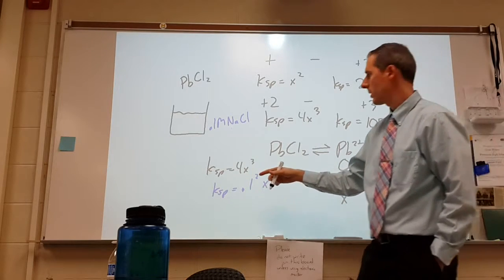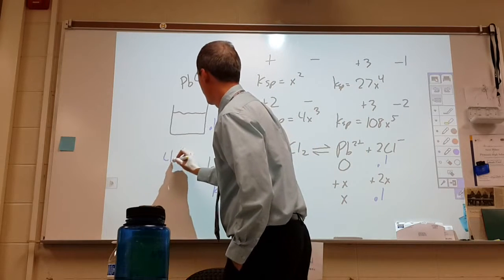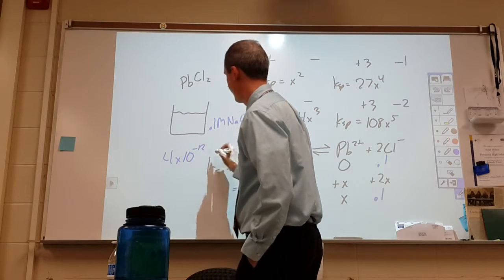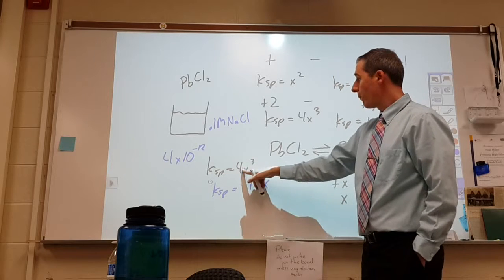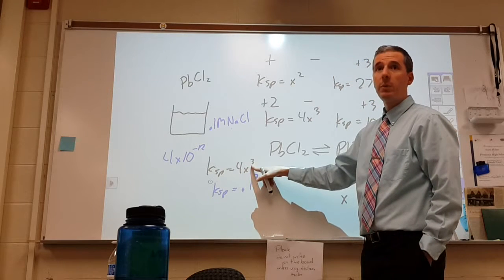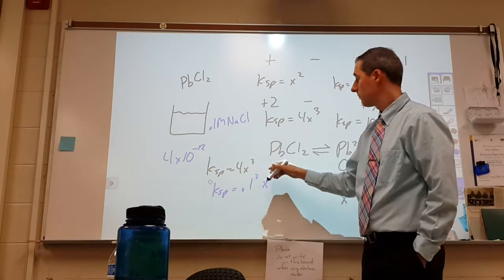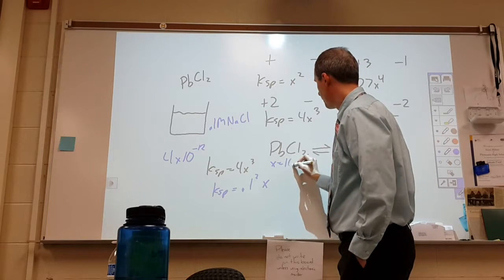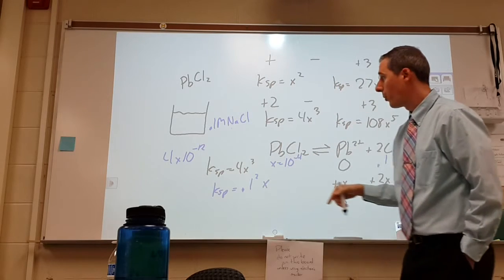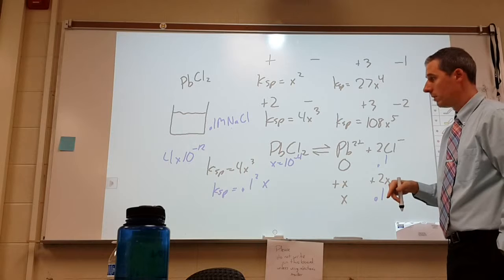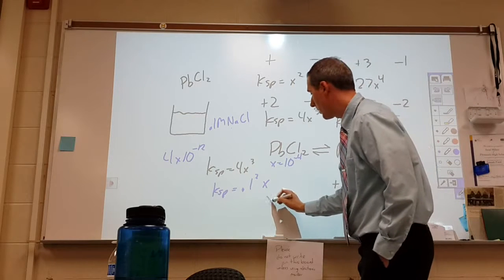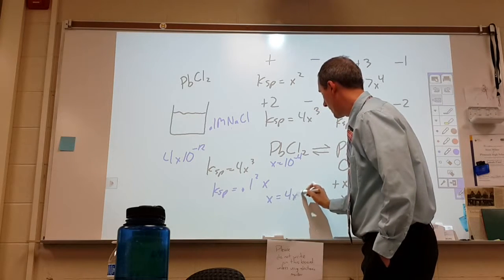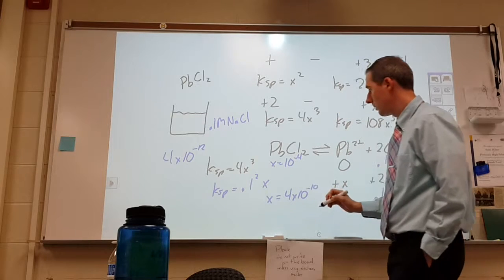Let's throw a number in there. Let's say that my KSP is 4 times 10 to the negative 12. Okay, so 4x cubed means that x would be 10 to the negative 4th here. But if I have a 0.1 there, then that means now down here, my x is going to be 4 times 10 to the negative 10.